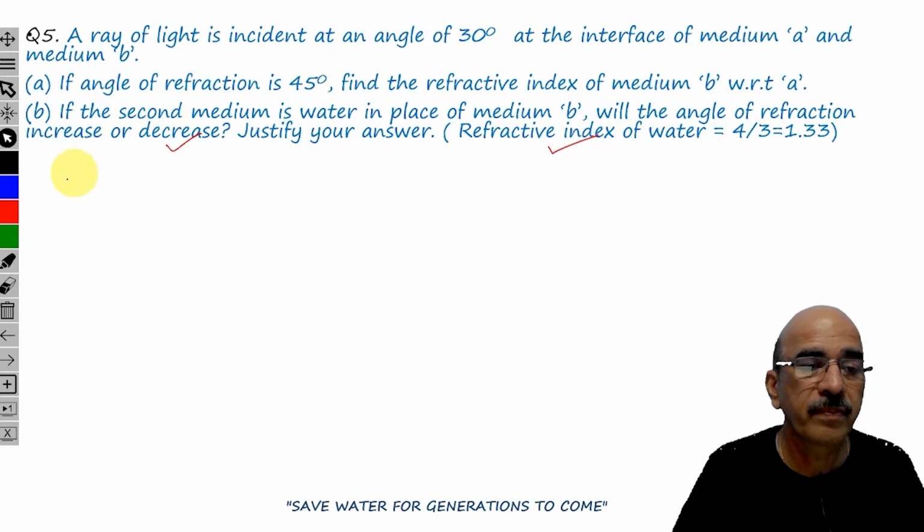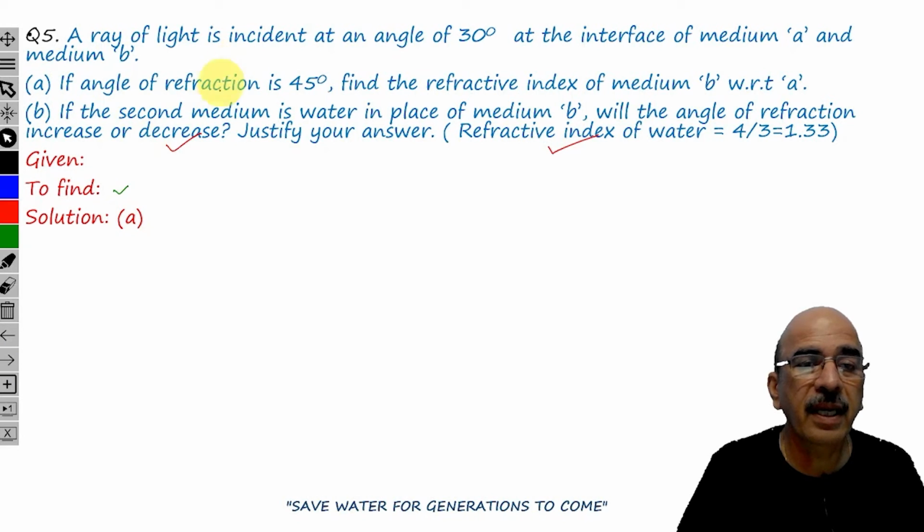Now let's start the question. How to answer? First of all, we have to write down given, then to find, and then the solution. So given is the angle of incidence.